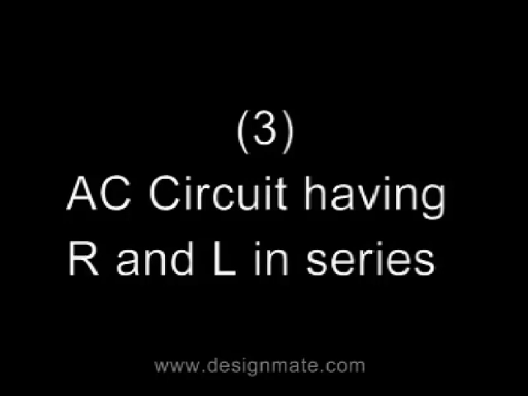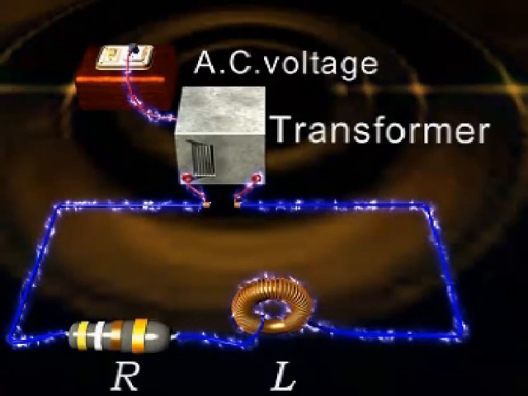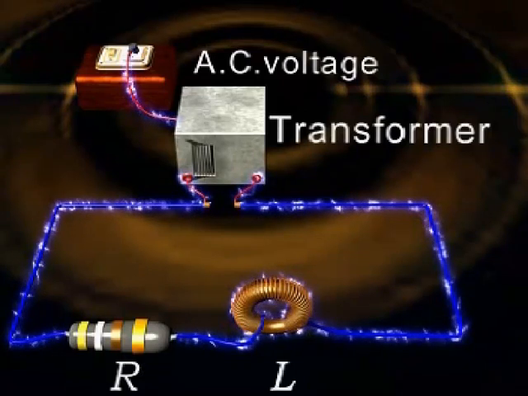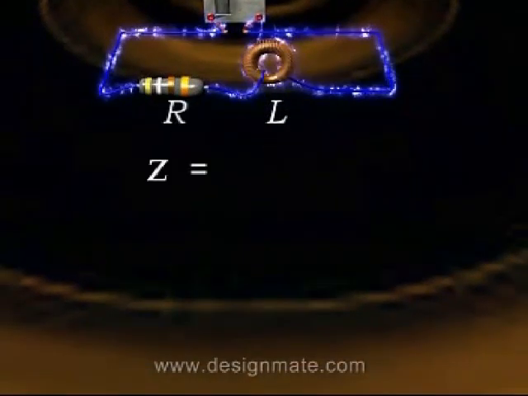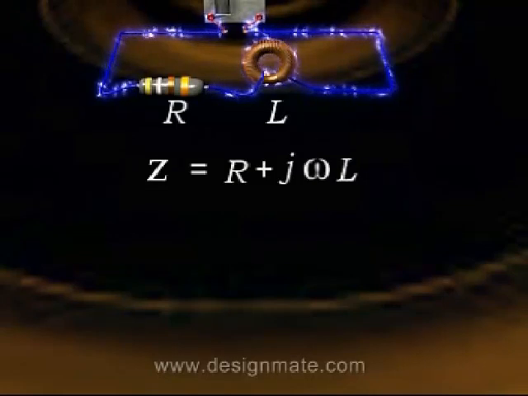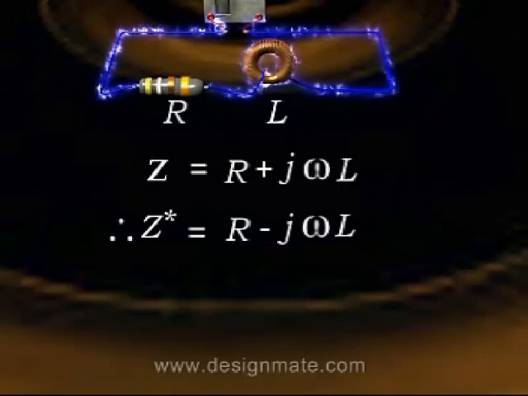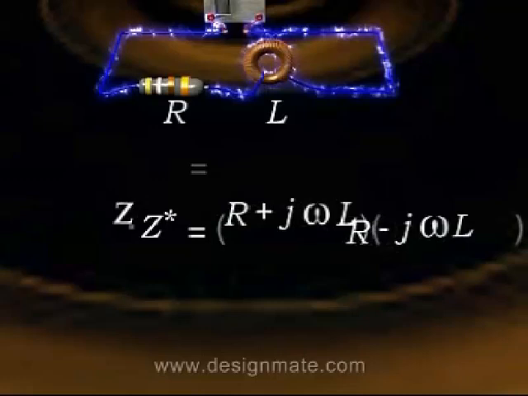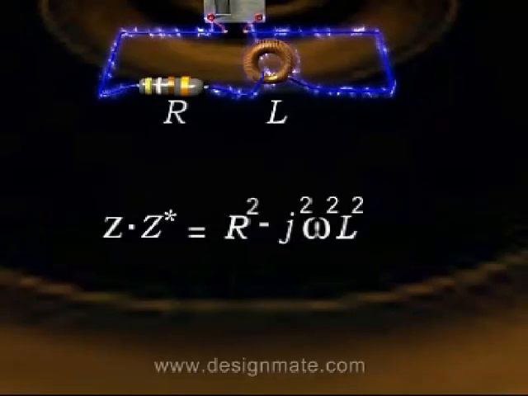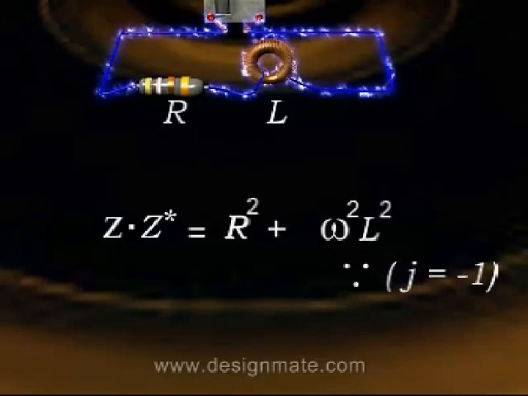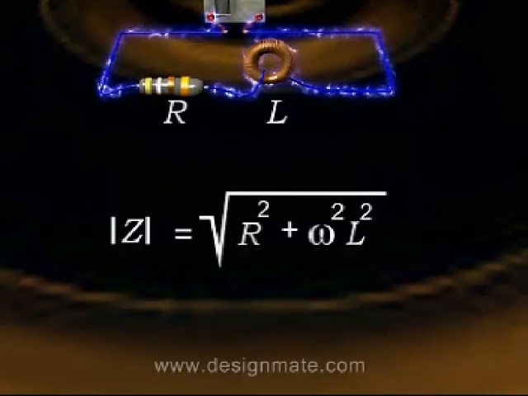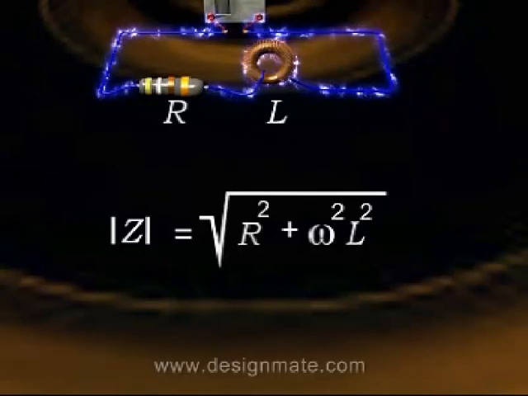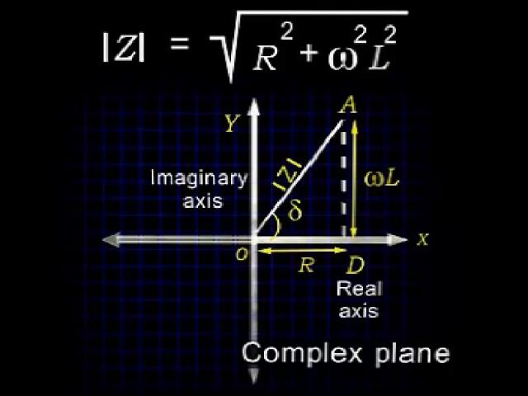3. AC circuit having R and L in series. For such a circuit, Z is equal to R plus j omega L. Modulus Z is equal to square root of R squared plus omega squared L squared. In the figure, Z is shown by OA in the complex plane.